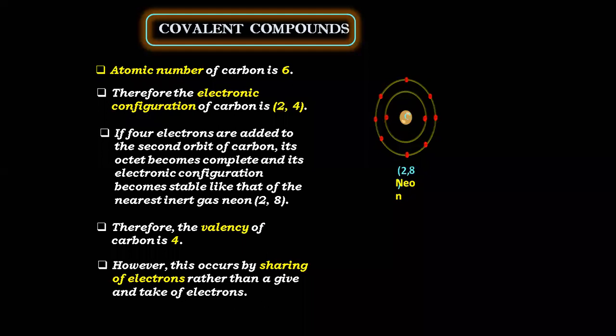Very good. So that means oxygen needs 2 electrons to become stable. And carbon needs how many electrons to become stable? 4. Very good. Carbon needs 4, oxygen needs 2.